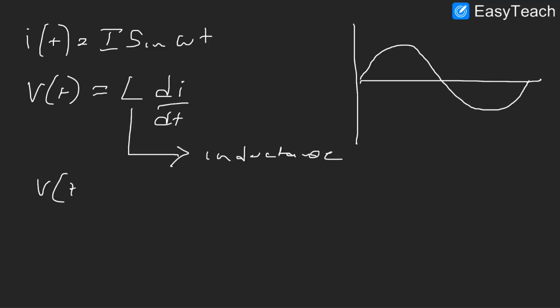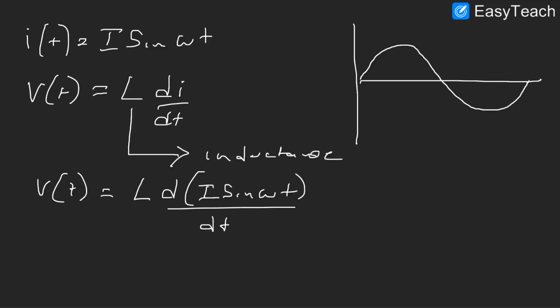So my voltage induced is going to be L times the differential of I sine omega t with respect to time, and this is going to be equal to L times... So I'm going to do the differentiation now.